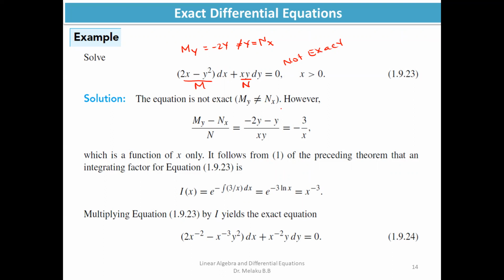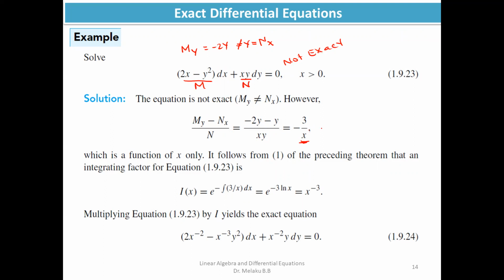If not exact, we have to check whether the integrating factor is a function of x or y. In this case, (My minus Nx) over N is minus 2y minus y over xy, because N is xy. The y values cancel out and it becomes a function of x.